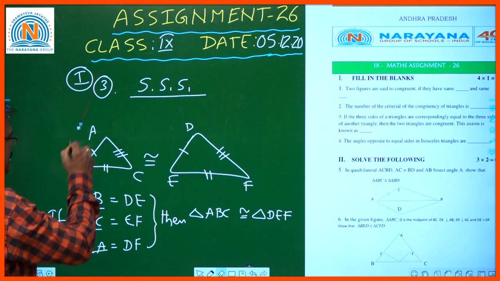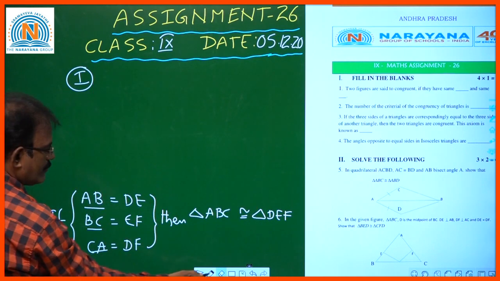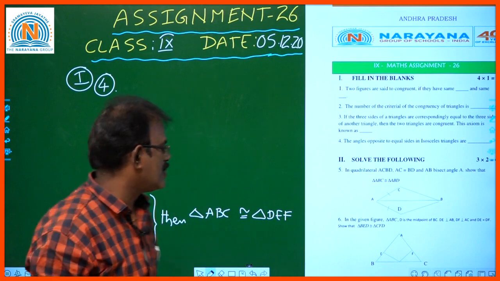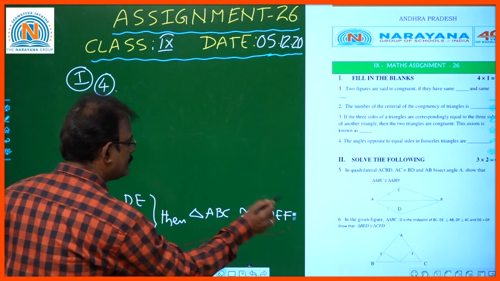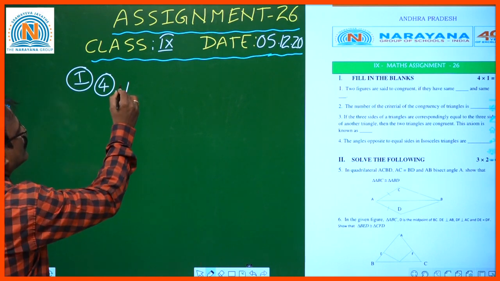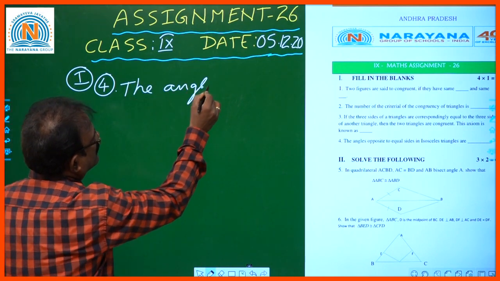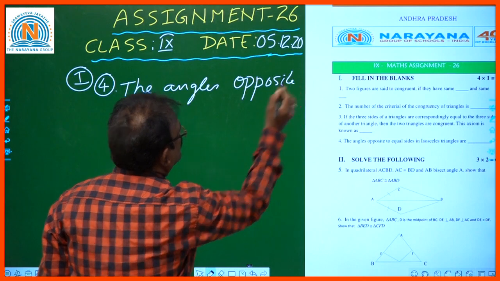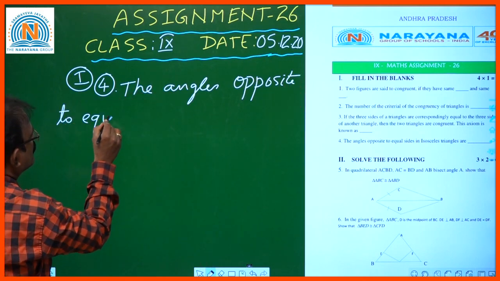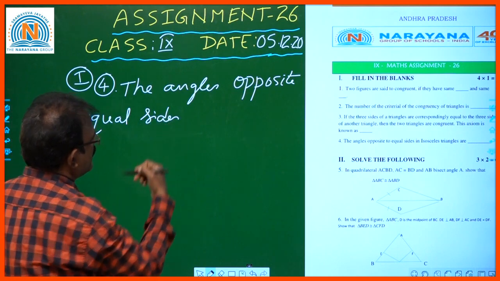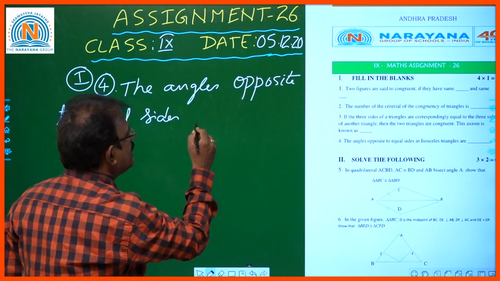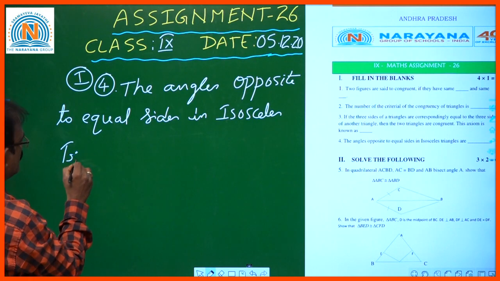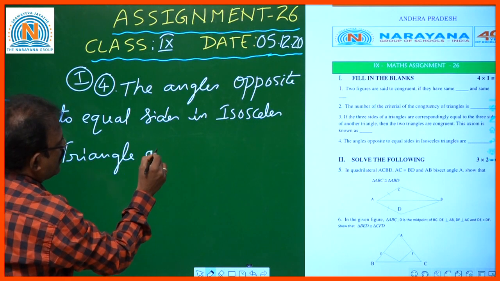Our next, fourth one is: the angles opposite to equal sides in an isosceles triangle are dash.